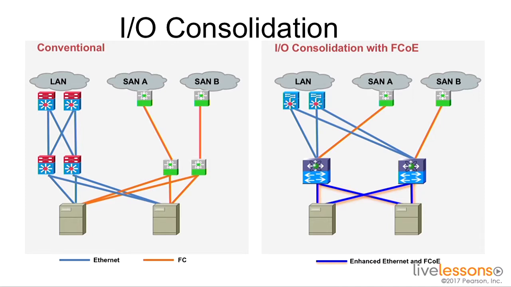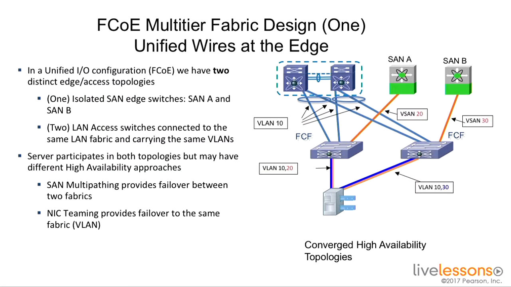Now, in fiber channel over Ethernet configurations, there's multiple types of topologies that you might see. For instance, where you tend to get the most bang for your buck in consolidation and saving cost and saving in complexity and configuration in your data center is by converging the access layer, or the layer between the servers and that top of rack switch, or the first switch that they connect to.